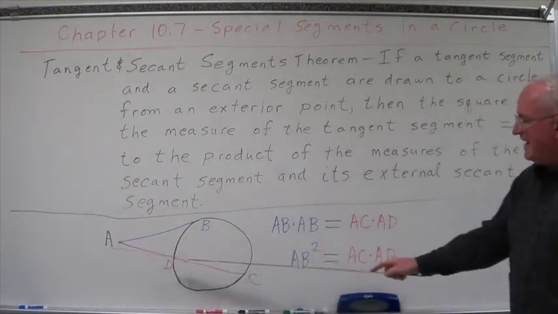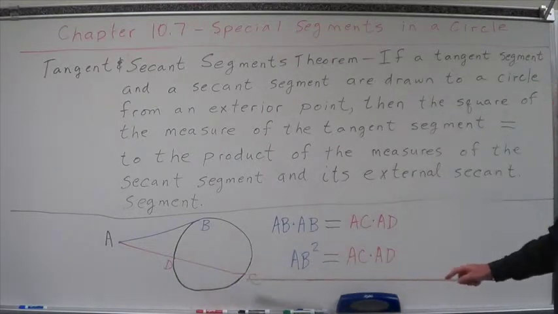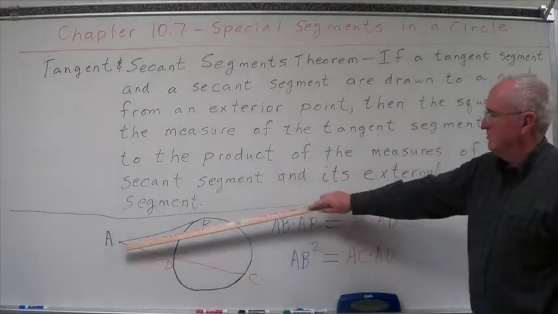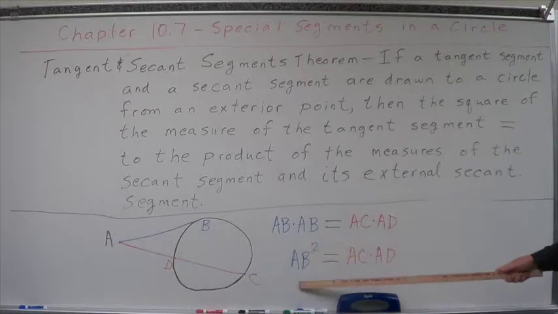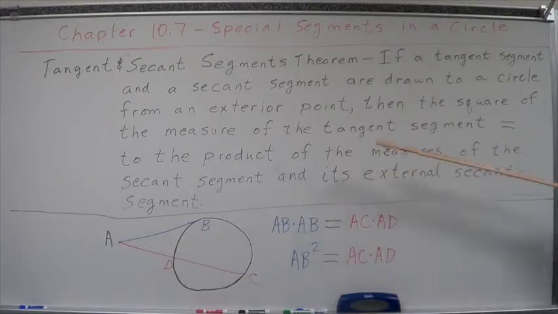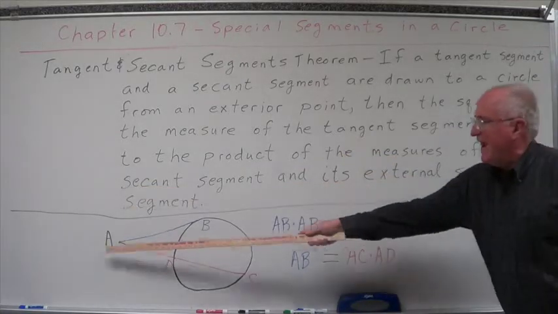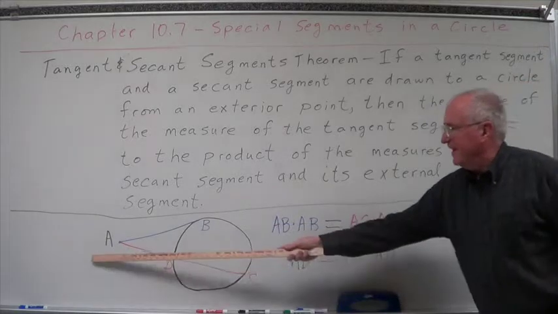We have a secant AC to that circle, crosses 2 places, crosses at D, ends on the circle at C. Then the square of the measure, multiply AB times itself, AB times AB, or AB squared, equals the product of the measures of the secant segment, AC, and its external secant segment, AD.